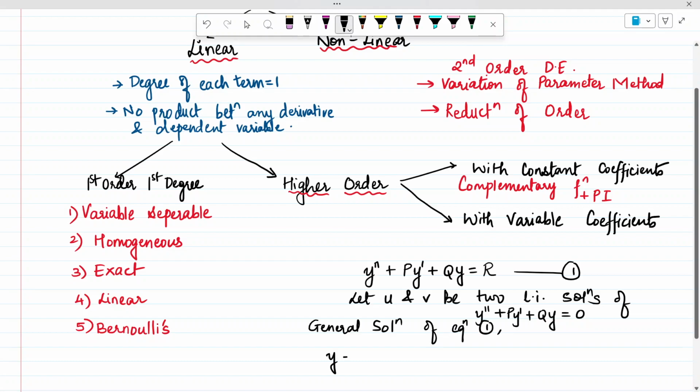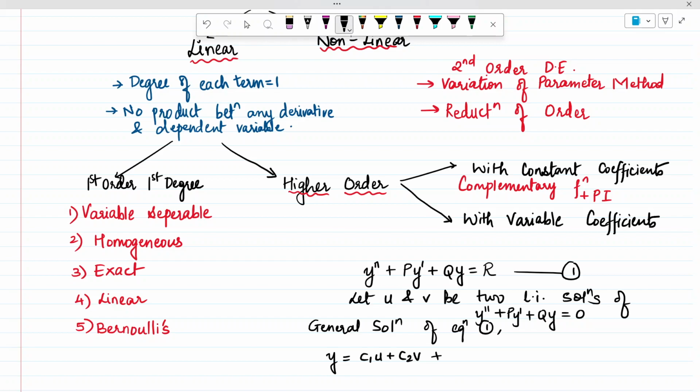will be y equal to C1 times U plus C2 times V, plus, now we find the variation of parameters here, and that's going to be dependent on the Wronskian.